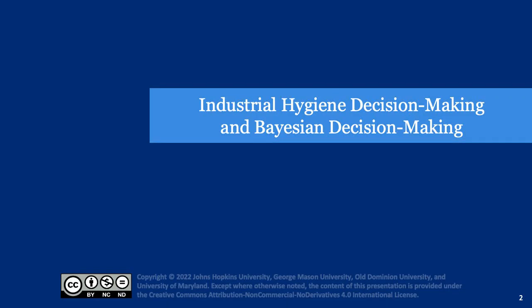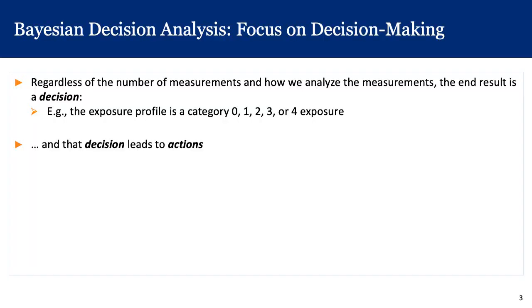And in this next section, I'm going to show you how an industrial hygienist traditionally used to make decisions and how it is comparable to Bayesian decision making. So, as I just mentioned to you, Bayesian decision analysis is focused on decision making.